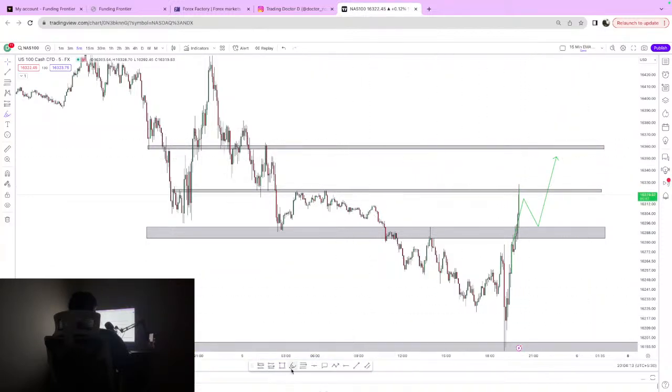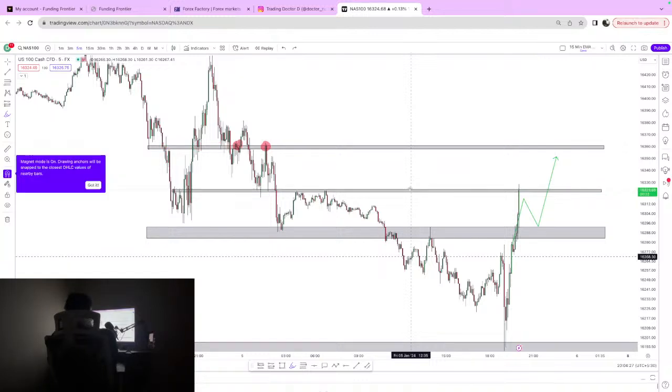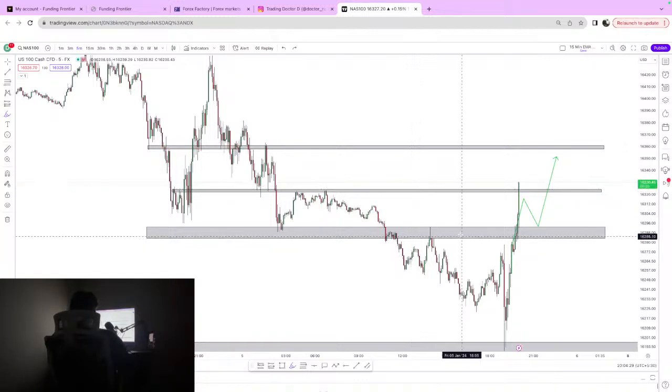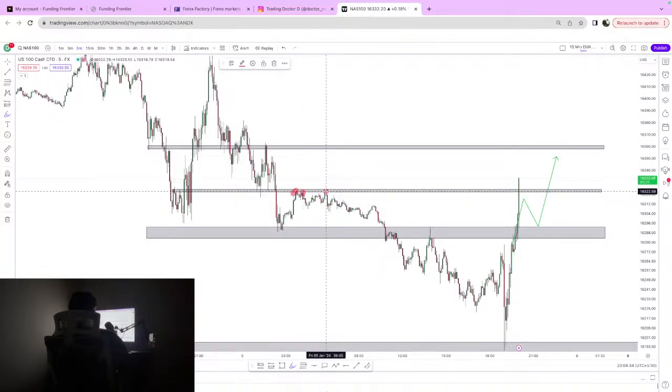Why I am using these levels: you can see the market reacted to these points, right? That's why. And this same one, it reacted multiple times.